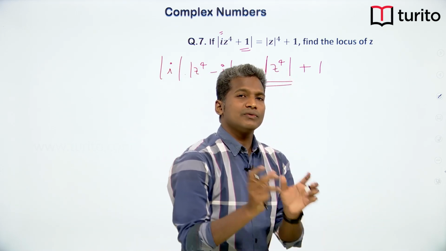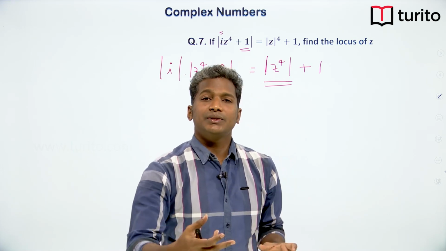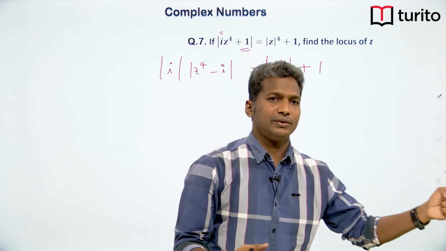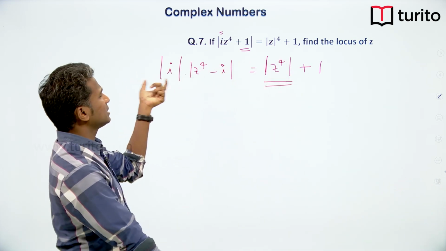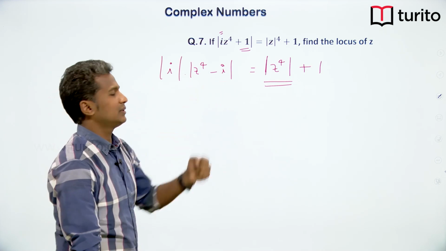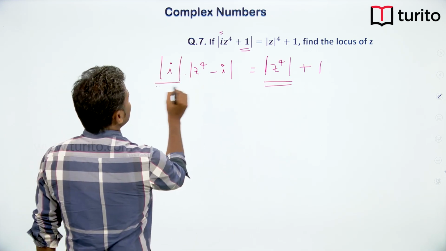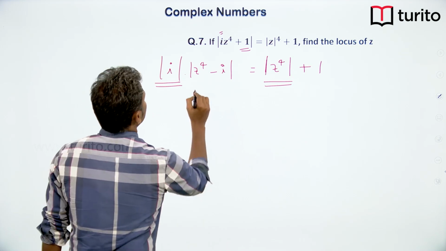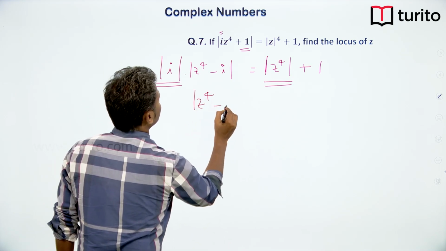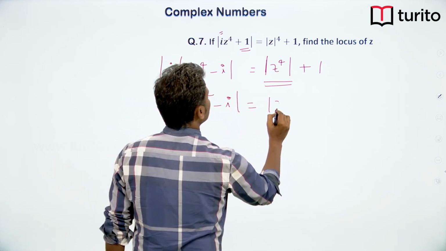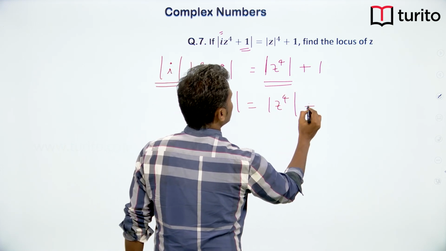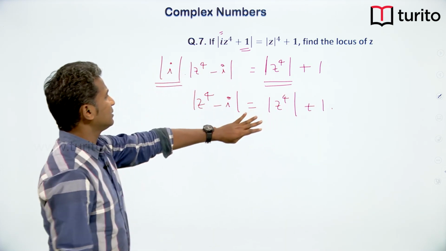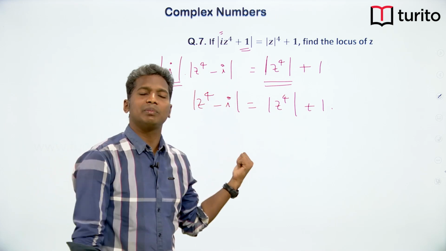Okay. Mod of z1 z2 equal to mod of z1 into mod of z2. So, when I take i common, there is a separate mod and there is this separate. Okay. Mod of i is anyways 1. So, we can write this as mod of z power 4 minus i is equal to mod of z power 4 plus 1. This is the final condition on which I am going to apply the idea.